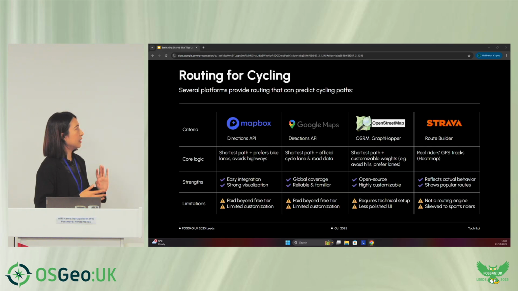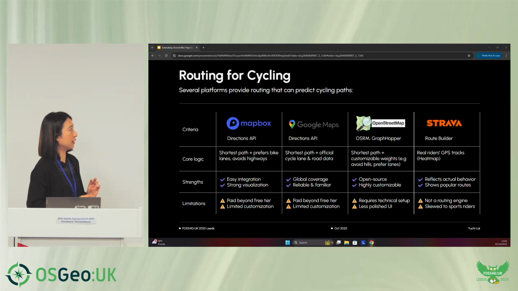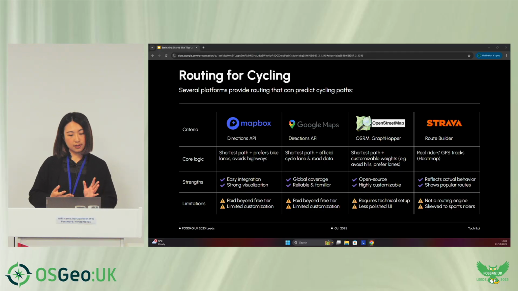These are the four platforms that provide routing for cycling. The first one is Mapbox Directions API, Google Maps Directions API, and also OpenStreetMap-based OSRM and GraphHopper. And the fourth, we can have cycle route data from Strava.